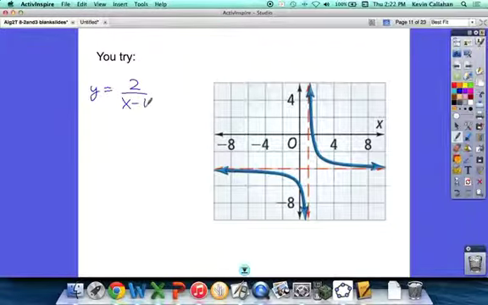Okay, and then what comes after? Minus 4? No. What is the domain? X does not equal 1. Put in a 1, you'd be dividing by 0.